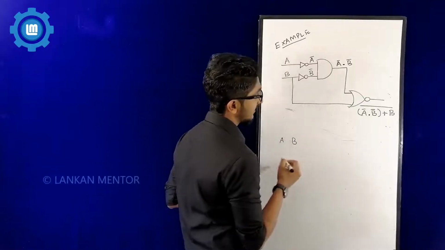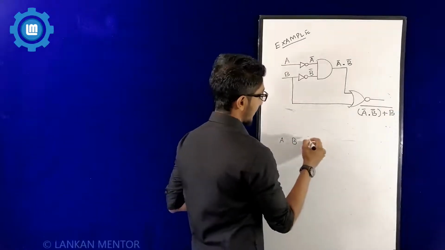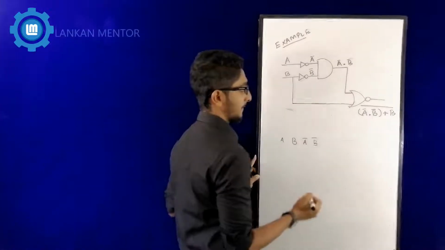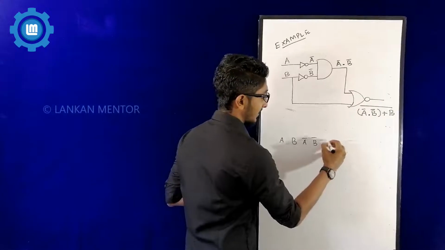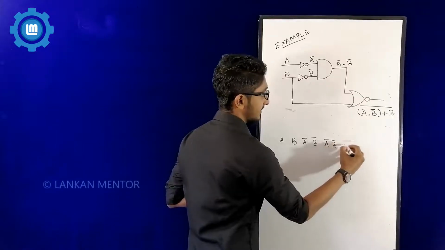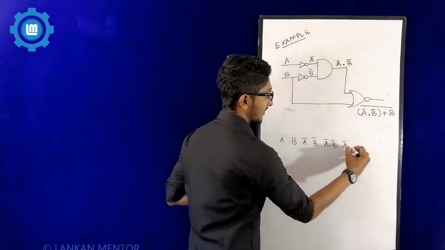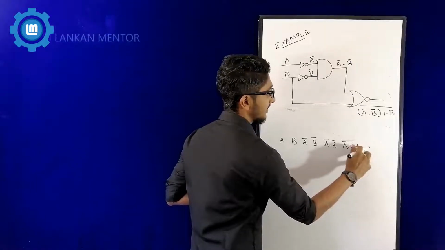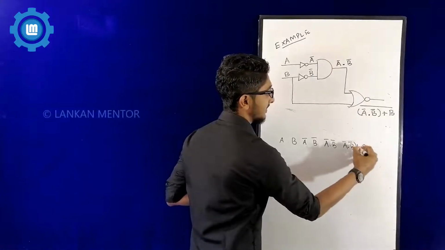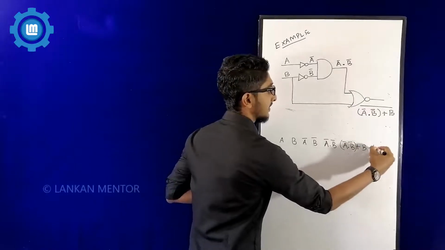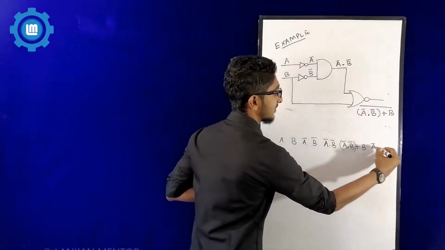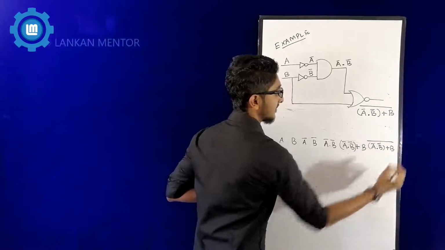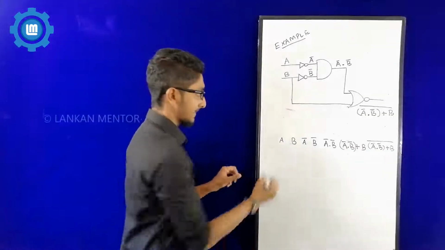A, B, A bar, B bar, A bar dot B bar, A bar dot B bar plus B, A bar dot B bar plus B opposite, right?